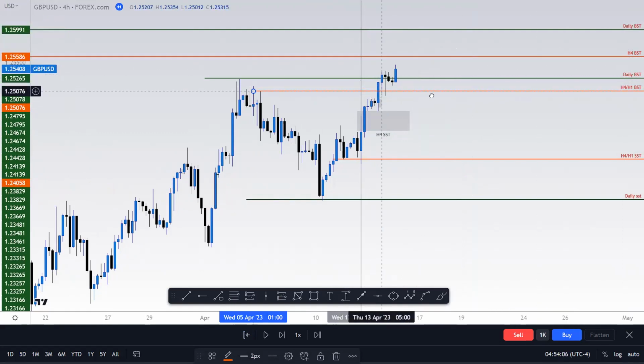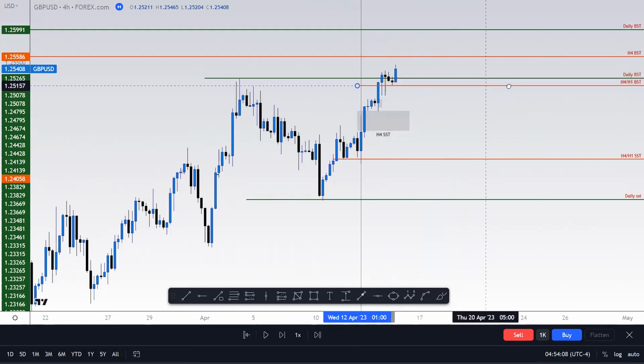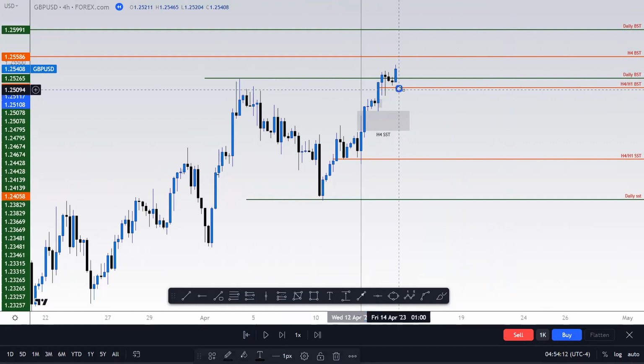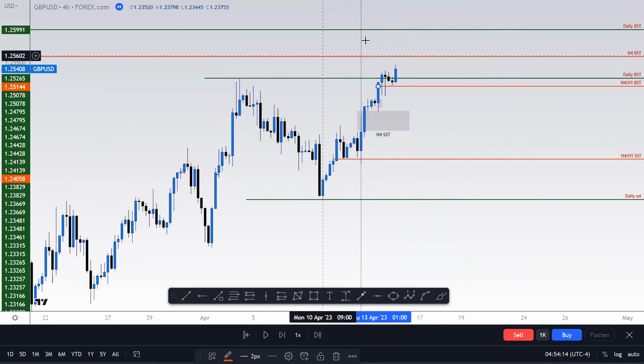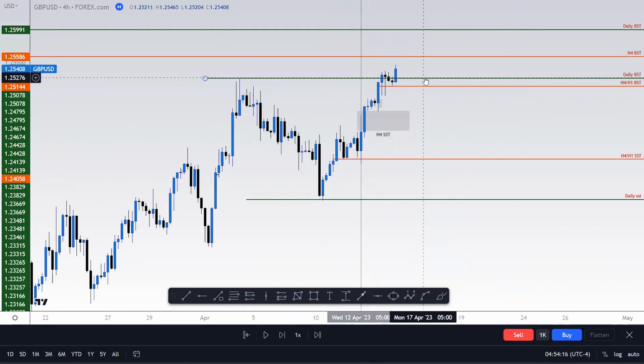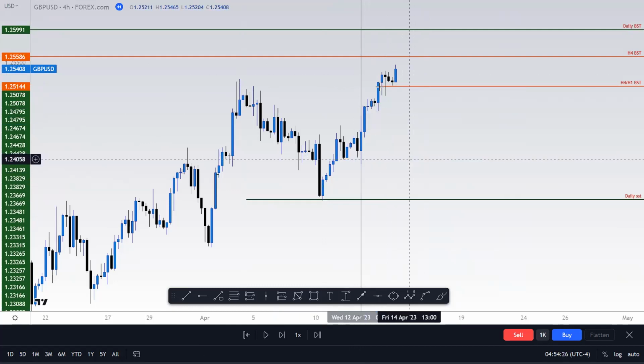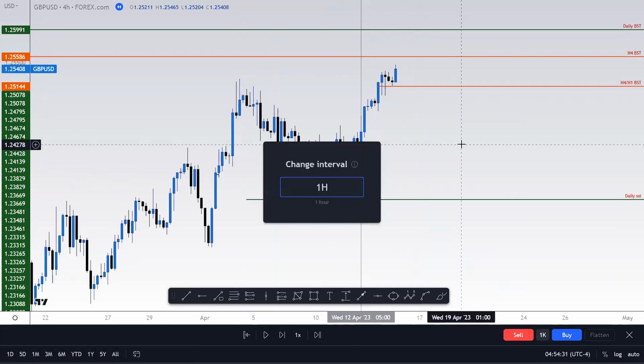The H4 sell side target was obviously going to be this swing low down here. Our daily buy side target had changed to the higher high, because price had already taken out this initial high. So again, a very clear range on the 4-hour time frame: the low of the range, and the high of the range up here. So we go down to the 1-hour time frame.